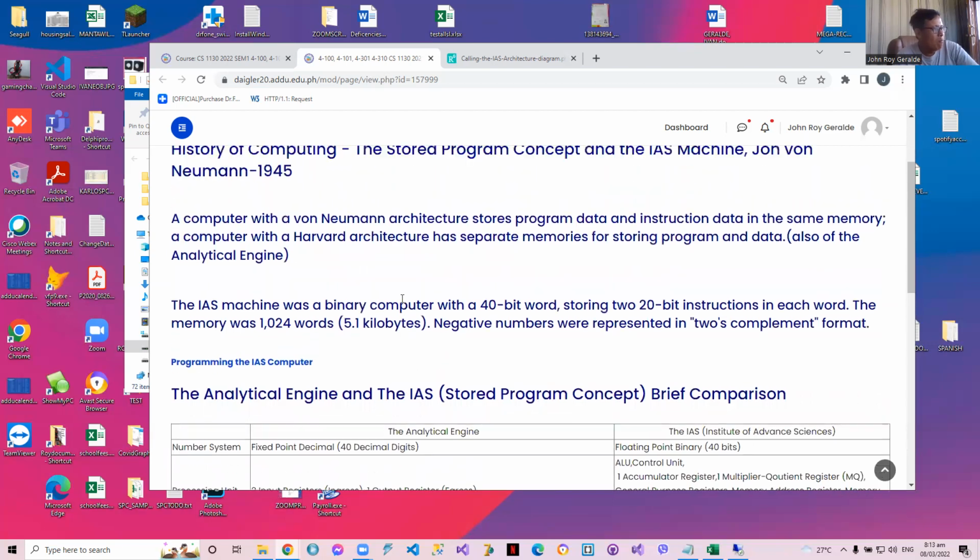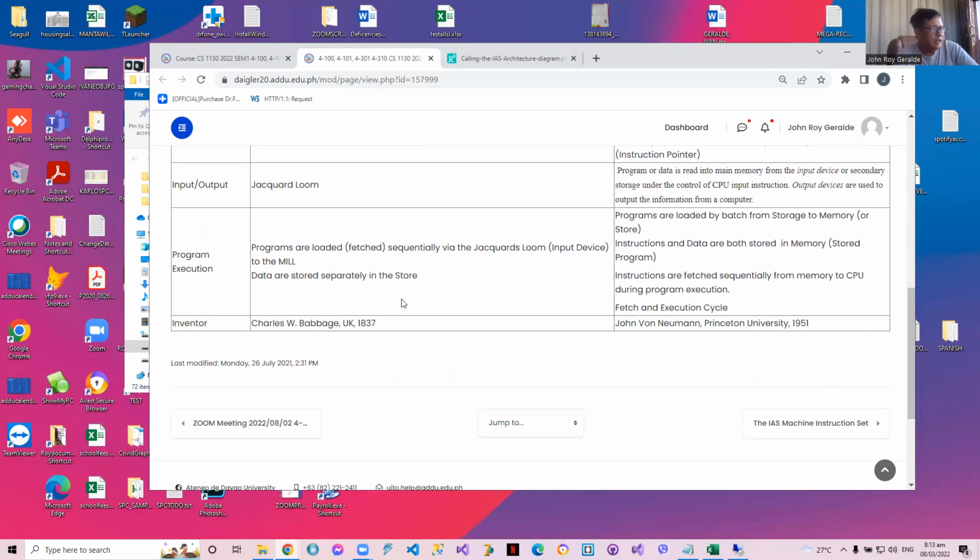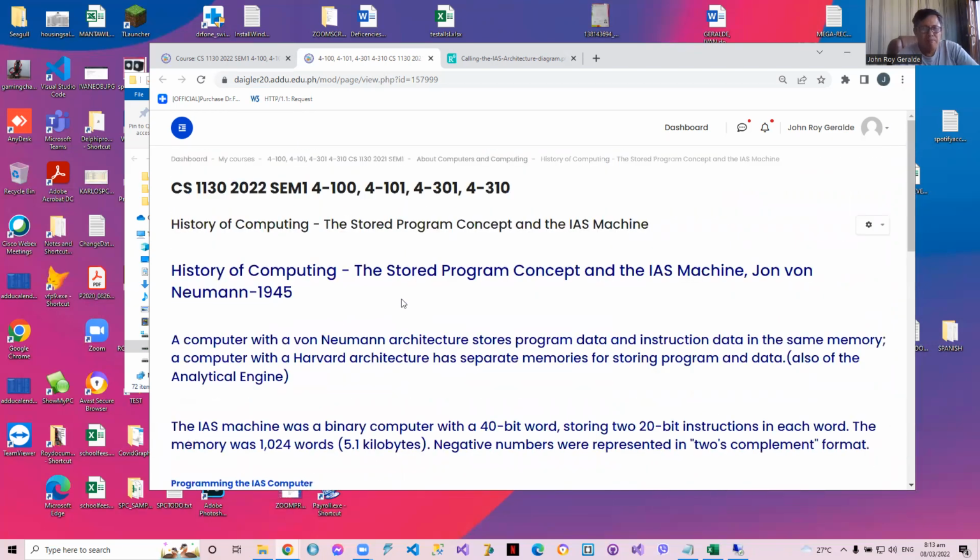Because this one was completed in 1951. Almost the same time as EDVAC was also completed, only a few months earlier. John von Neumann chased the release of EDVAC, and before EDVAC was released, he was able to release the IAS.